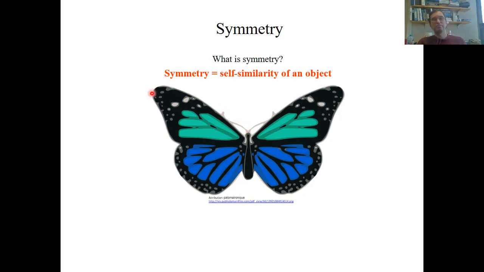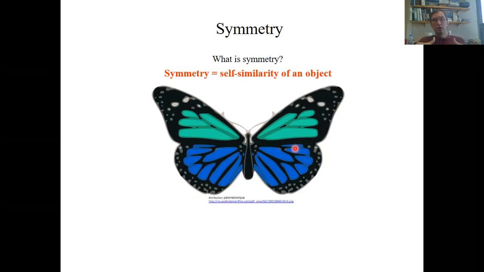Okay, so you see, for instance, a butterfly. You see that the left wing of the butterfly must be self-similar to the right wing of the butterfly. The shape of the left wing has something to do with the shape of the right wing. If the left wing was very different in comparison to the right wing, our butterfly would not look very symmetric anymore. So this is intuitively understandable.